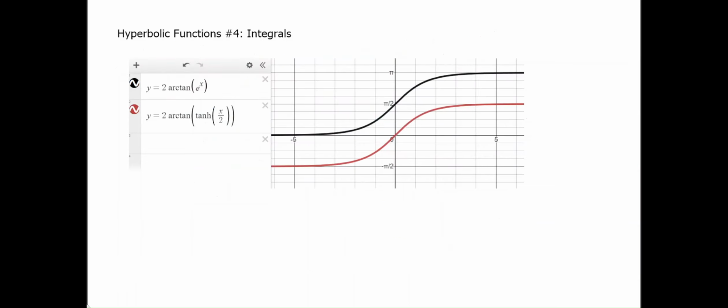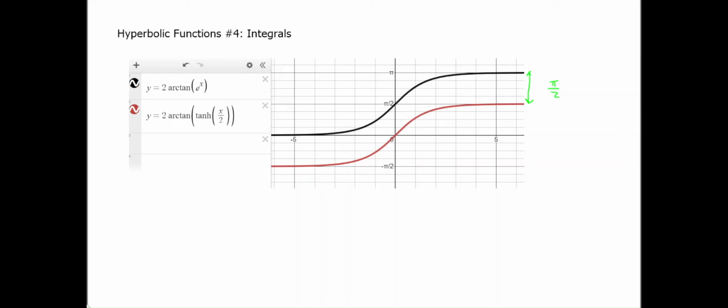Here are the graphs of the 2 things that we obtained as antiderivatives of hyperbolic secant, and as advertised, they differ only by a constant. And in fact, what is that constant? Well, let's just see here. It looks like they differ by a constant of pi over 2.